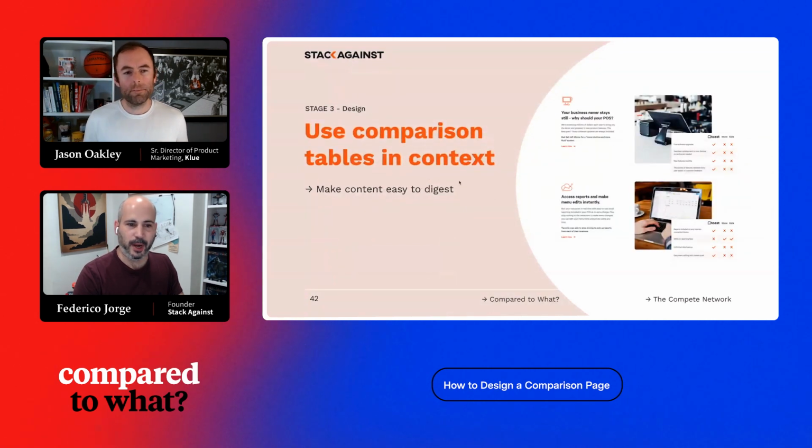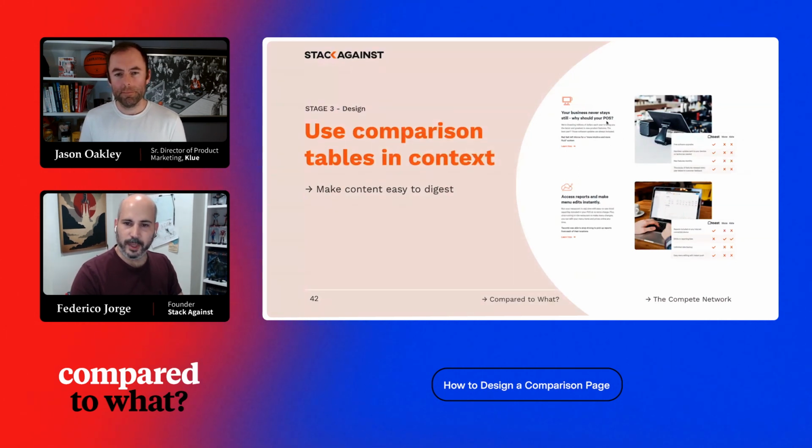And then this one, use comparison tables in context. Again, we've seen this already from a copywriting point of view, but I wanted to show also how, in this case, Toast does it really, really well from a design point of view. They're using these smaller comparison charts instead of the big ones with all this information that you need to decode. They're just breaking it down into chunks that are easier to understand, and they're attaching each comparison chart to a specific selling point that they want to make, right?